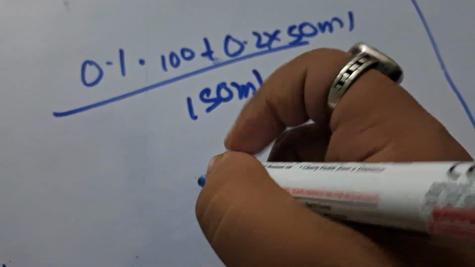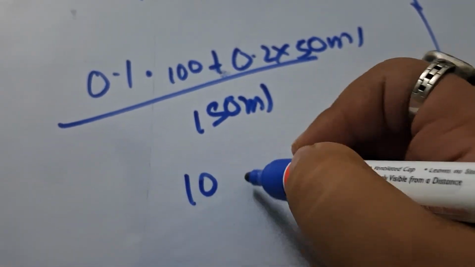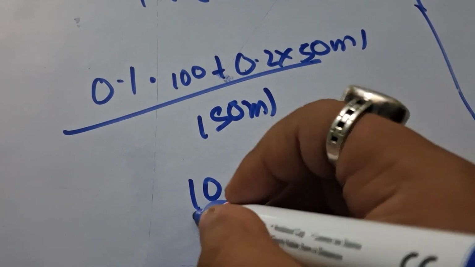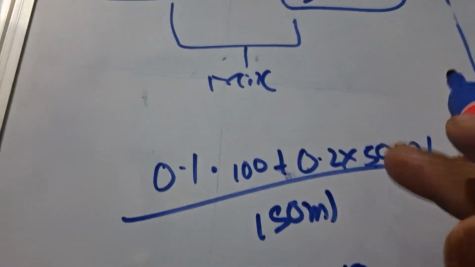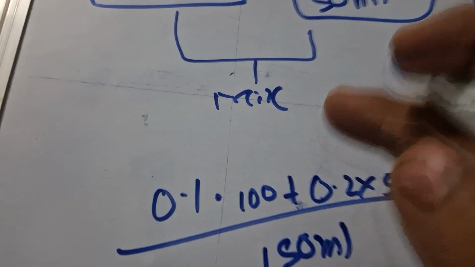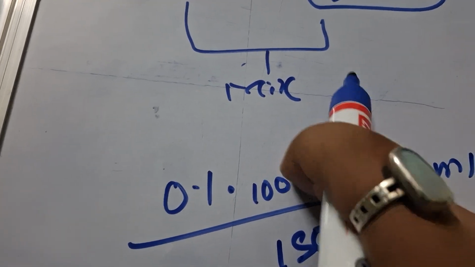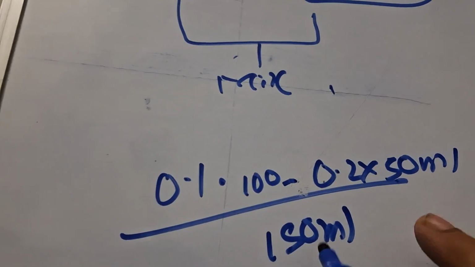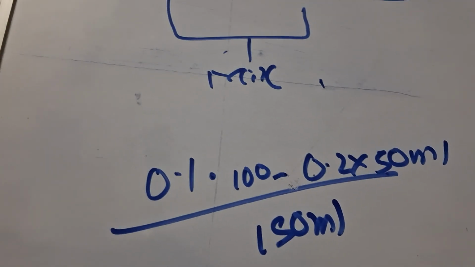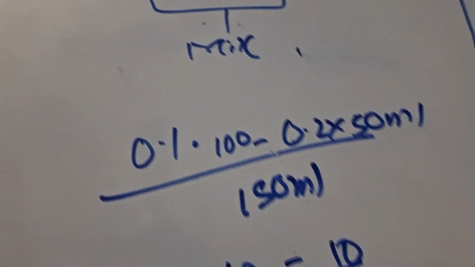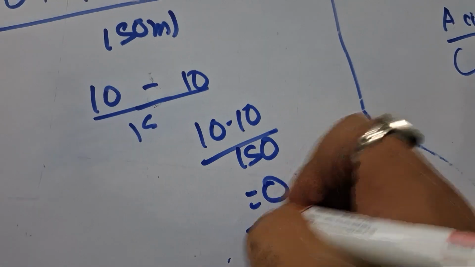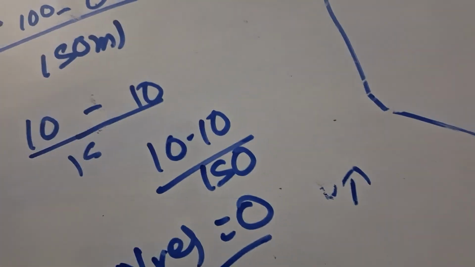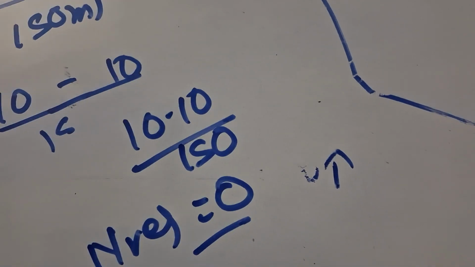So this will be 10 and this will also be 10, upon 150. Sorry, this should be minus, so sorry. So 10 minus 10 upon 150 is just 0. So N resultant will be 0. And that's it.